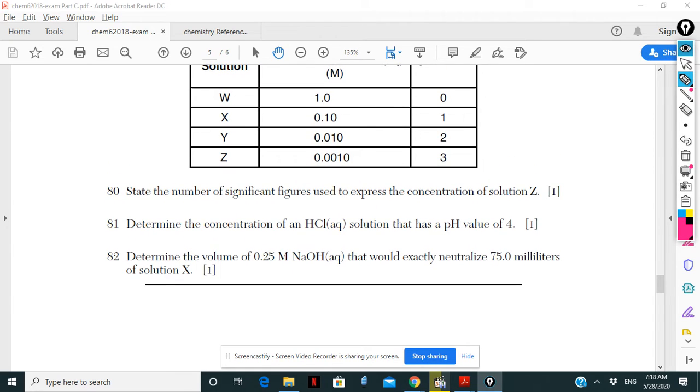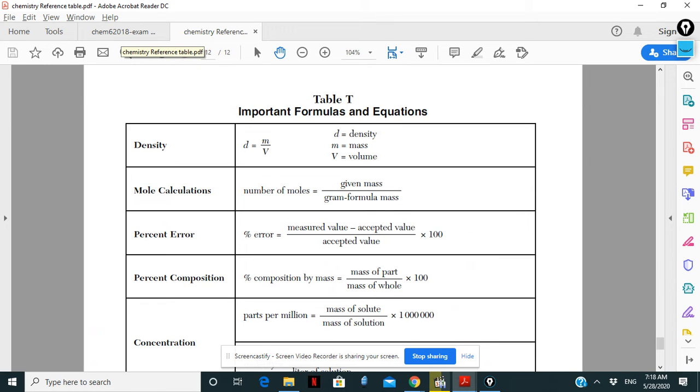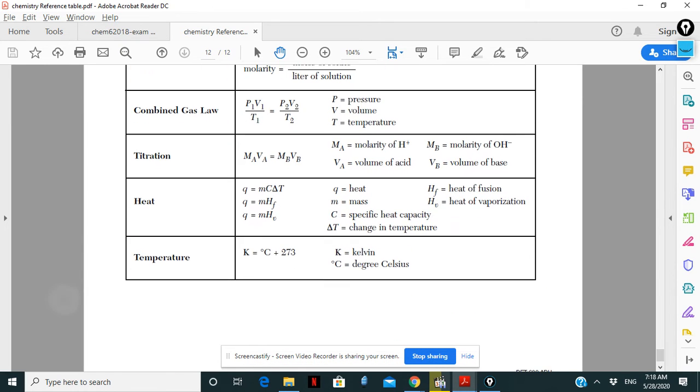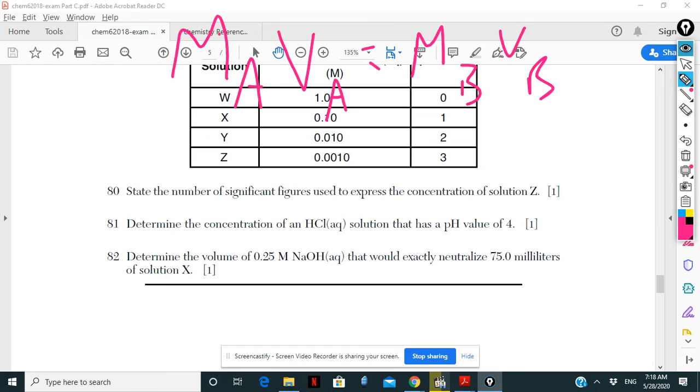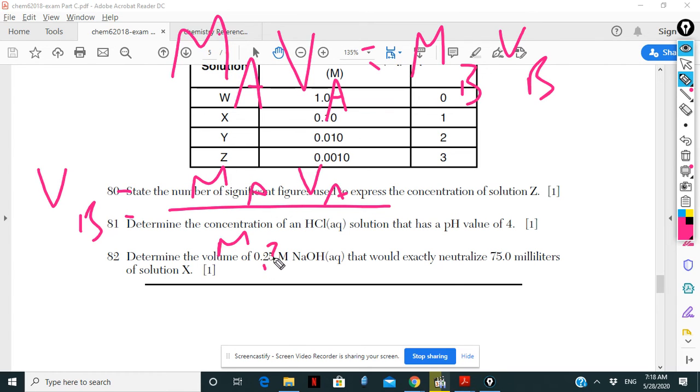Now determine the volume. I'm going to use the formula for titration. It's over there on the last page: molarity of acid times volume of acid equals molarity of base times volume of base. He wanted the volume of the base, so the volume of the base equals molarity of acid times volume of acid divided by molarity of base.